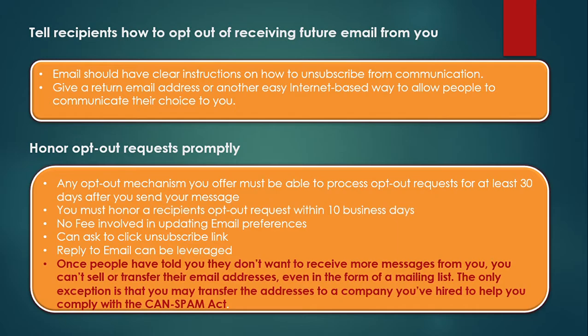Like if I send an email today, within 30 days, whatever requests I receive, I should be able to honor those requests, and those requests should be honored within 10 business days. There should be no fee involved in updating those email preferences. For the mechanism which you can offer them to unsubscribe, you can ask them to click an unsubscribe link. You can ask them to reply to an email, the reply-to email which we talked about earlier in the first slide.